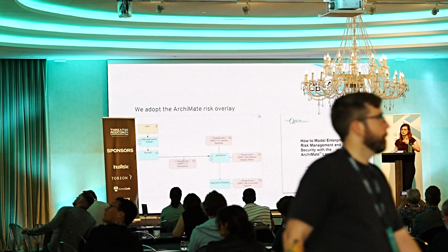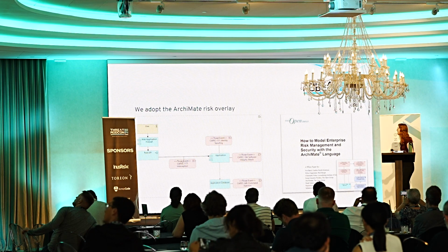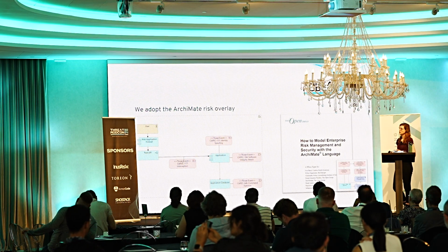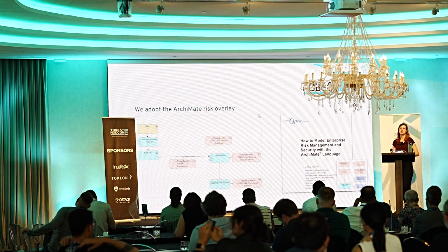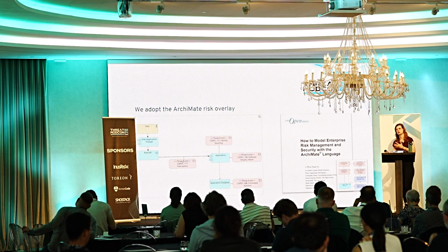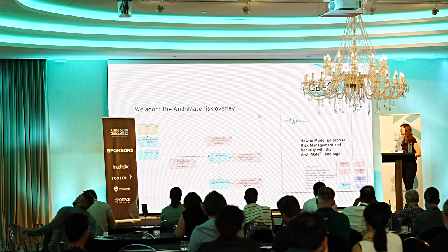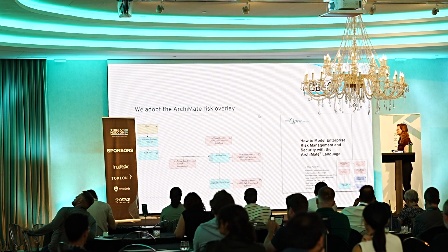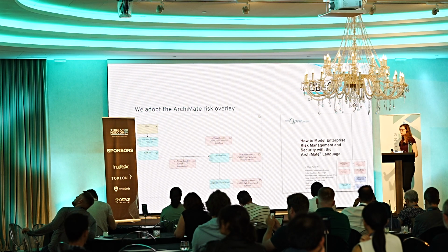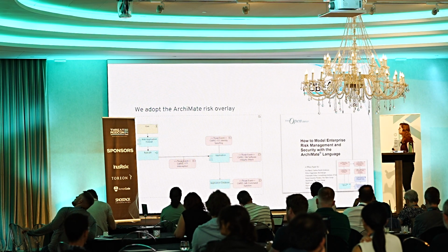Now, ArchiMate is a modeling language oftentimes leveraged by enterprise architects, who typically were not involved in threat modeling exercises, because threat modeling was deeply embedded in the software development lifecycle, in that design phase. And oftentimes, we saw that enterprise architects weren't really involved in those workshops.